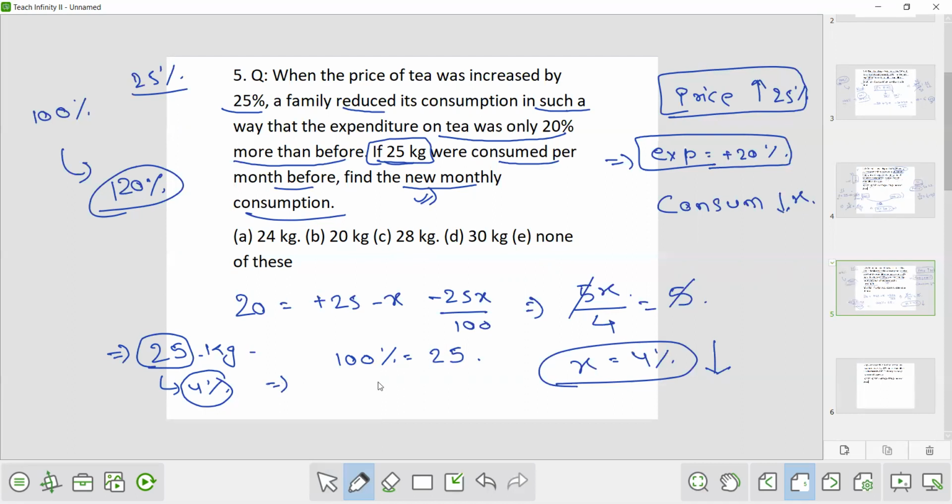So 4% will be equivalent to 0.25 into 4, that is 1. So remove 1 kg from this 25 kg, and then you will get 24 kg. That is, the consumption got reduced by 4%. So our answer is option number A.